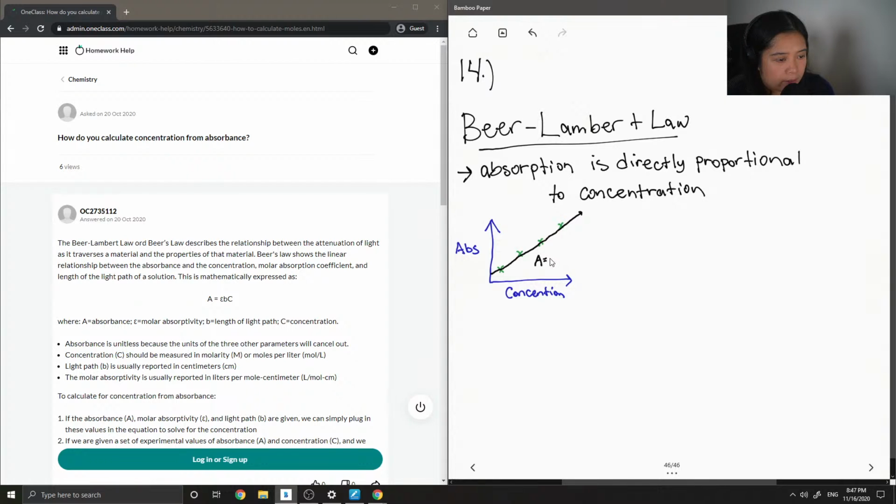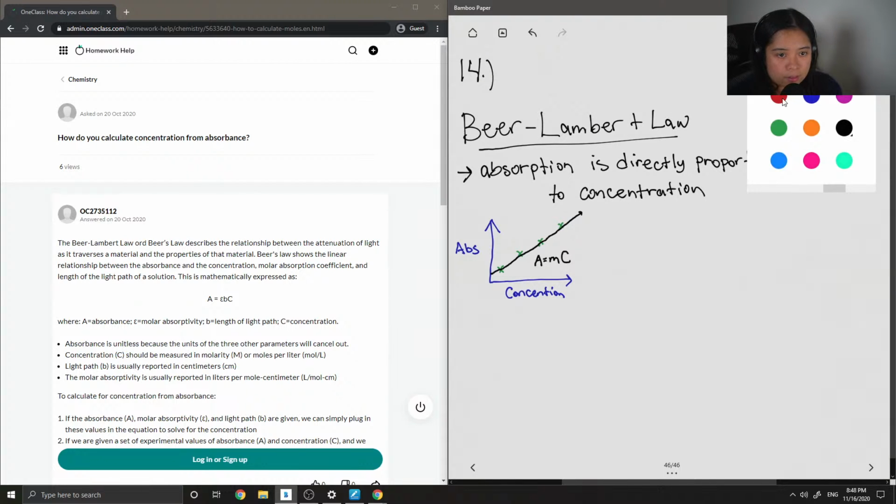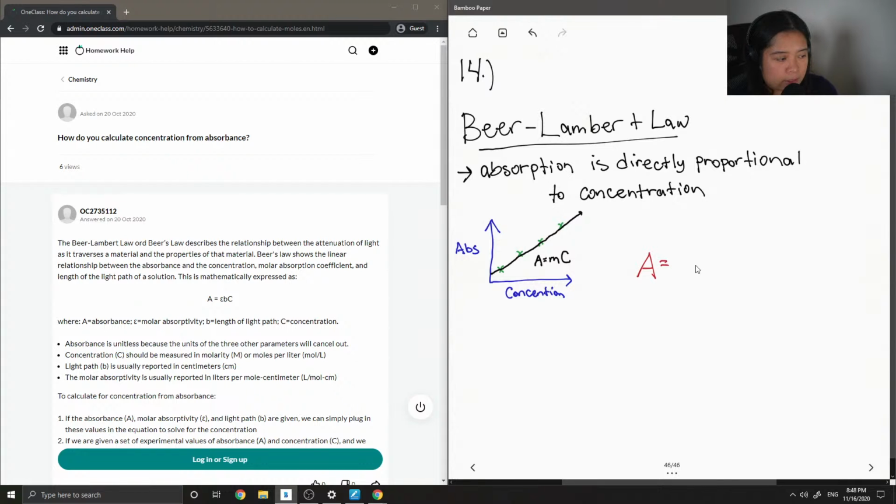So y, the absorbance, is equal to the slope times concentration. But for the Beer-Lambert law, our slope has a value as well, and they are just constants.